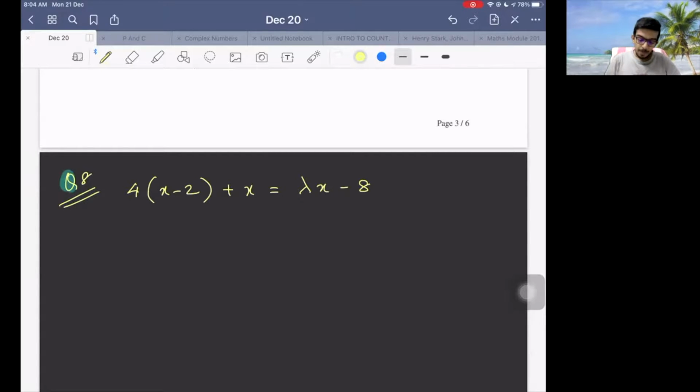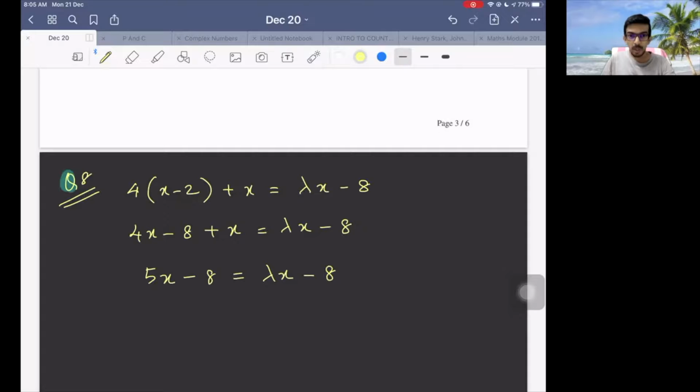Now see, we can expand the bracket. So we have 4x minus 8 plus x is equal to lambda x minus 8. Now on the LHS, you can combine the like terms. There is 4x and x, so that is 5x. 5x minus 8 is equal to lambda x minus 8.